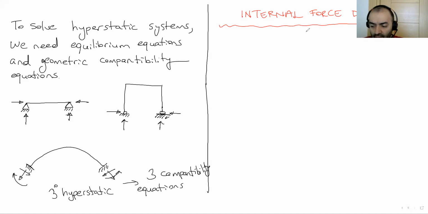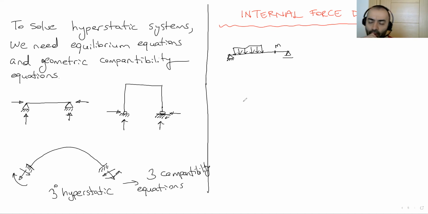Again, I'd like to explain the problem with a simple case. I have a simple beam here. I have an external loading like this on the beam. And I have point M again.